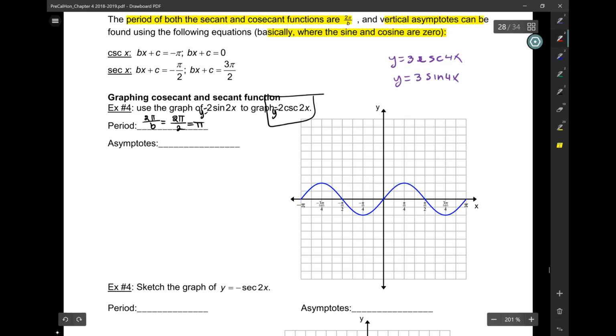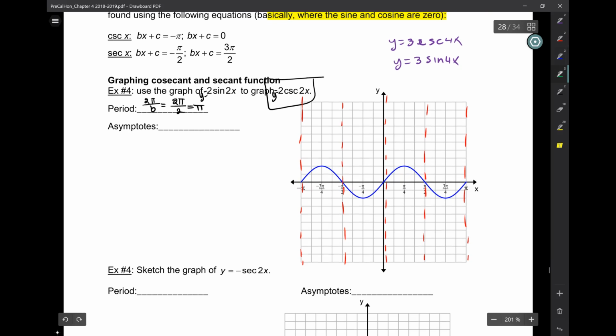Now, wherever sine is 0, I have asymptotes. You have to put those asymptotes. We won't graph this much usually. It'll just be a period or so. And then, on top of this, we now graph our cosecant. It's going to look like this.